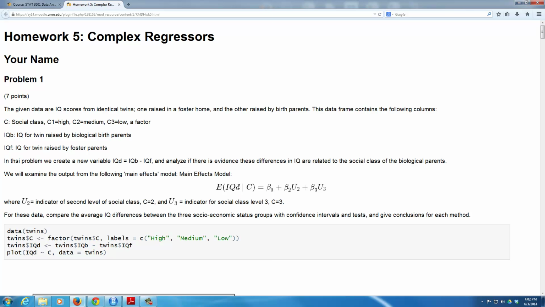So we're going to do this main effects model where the average IQ difference is a function of beta naught plus beta 2 U2 plus beta 3 U3, where U2 is an indicator variable that takes on the value of 1 if the biological parents were in middle class and 0 otherwise, and U3 is an indicator variable that takes on the value of 1 if the biological parents were in lower social class and 0 otherwise.